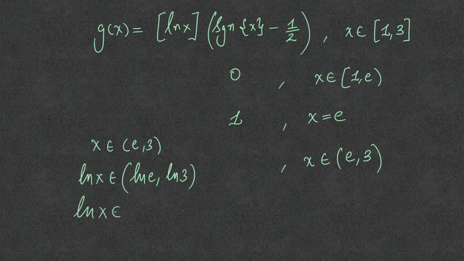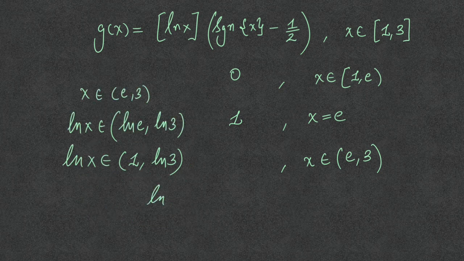Log x belongs to 1 and log 3, and clearly this log x is greater than 1 but less than 2, because log 3 is less than 2. So the greatest integer of this log x is 1. So here we'll write 1.